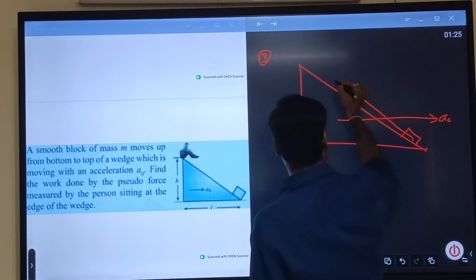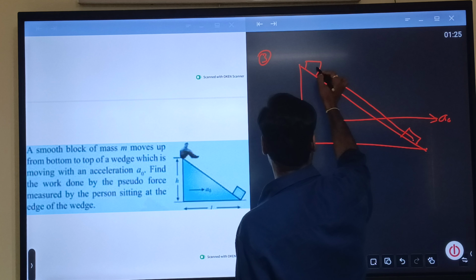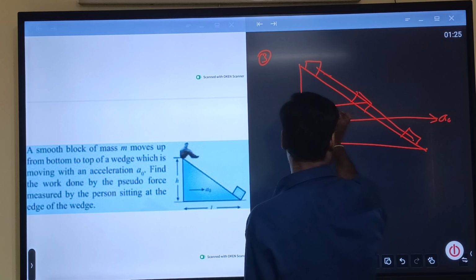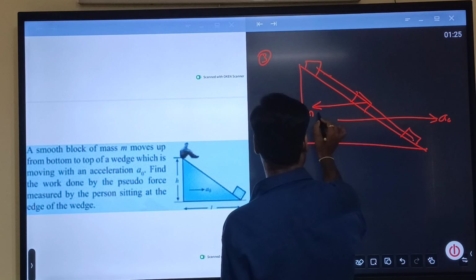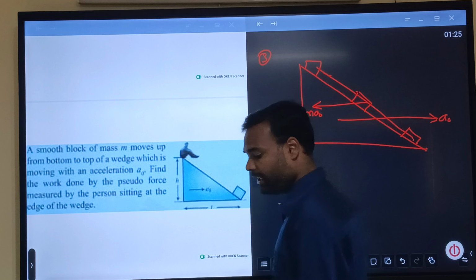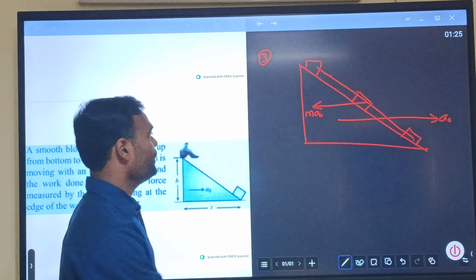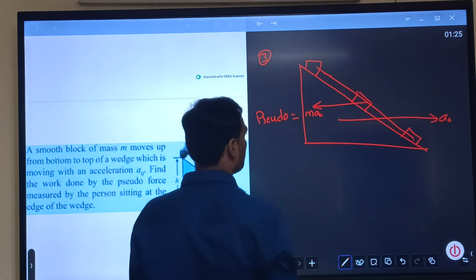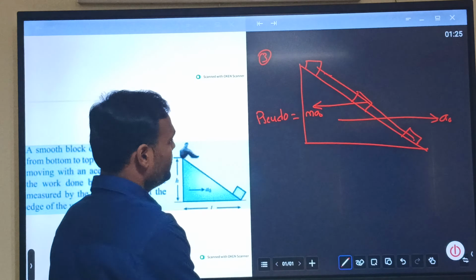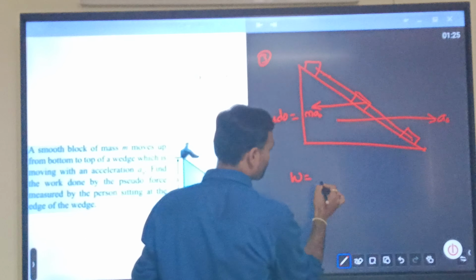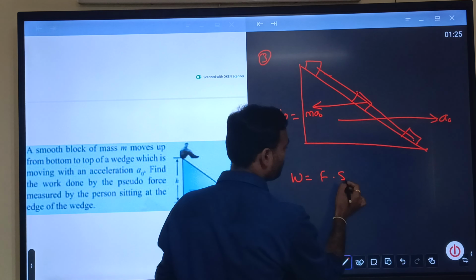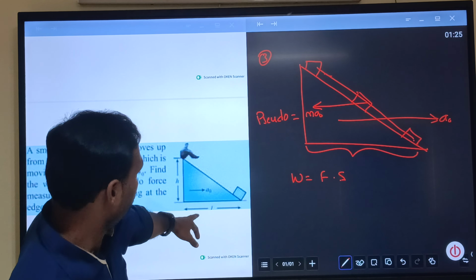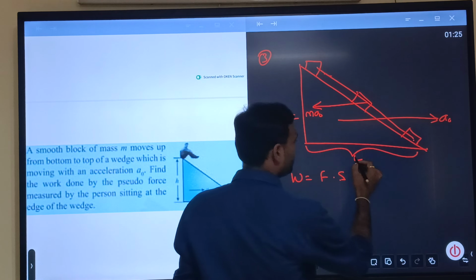See, the block is moving like this from this position to this position, and when the block is moving in the upward direction, pseudo force will act in the opposite direction, mass of the object times acceleration of the platform, and this is the pseudo force. Work done is equal to force into displacement, and the length is given as l.